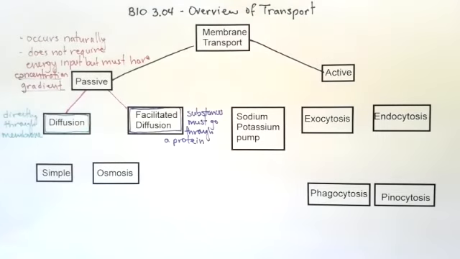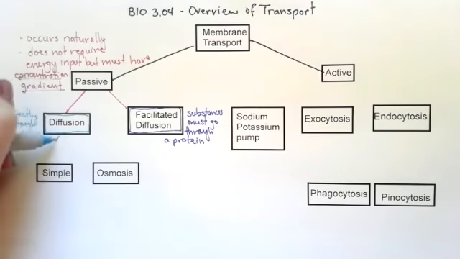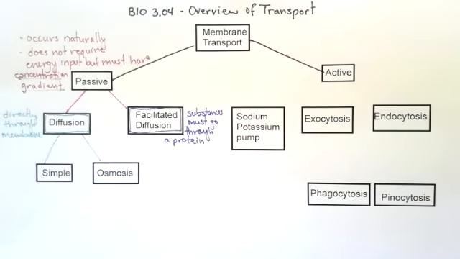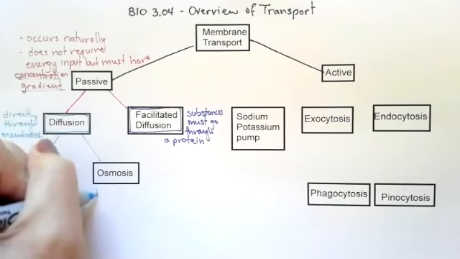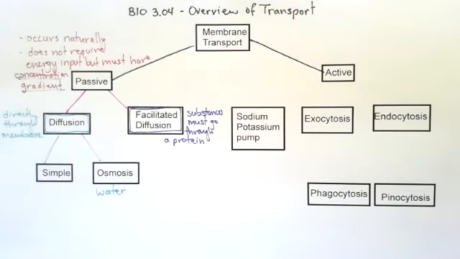So important. Okay, we have three substances that can go across through diffusion. So we have simple diffusion and we have osmosis. Osmosis is its own category, and osmosis is the diffusion of water. And this is special. Special things happen when we talk about osmosis, so we give it its own category. So who are our other compounds that can simply diffuse across? Well, first of all, they have to be very small.